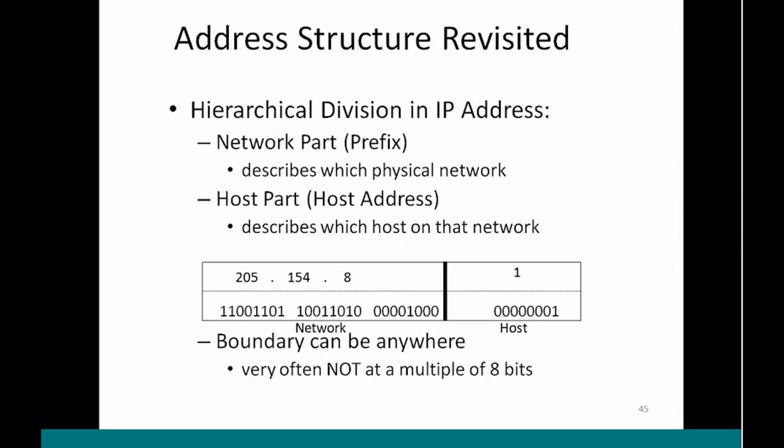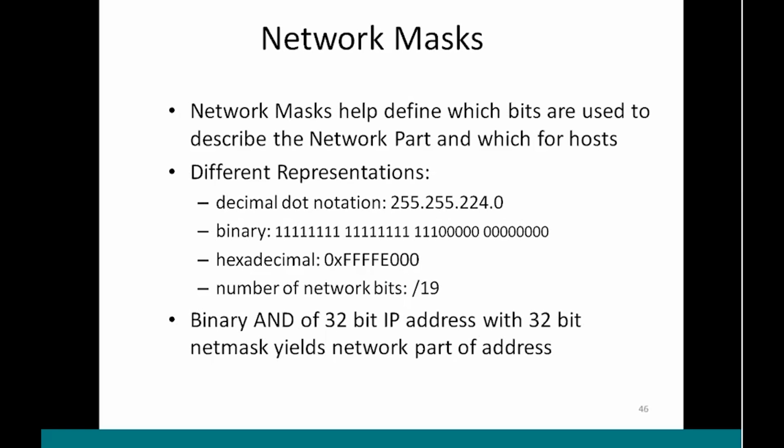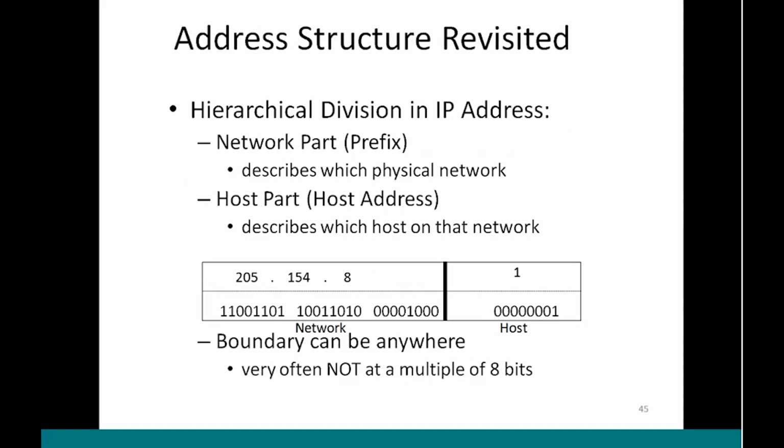It may not even be a multiple of 8 bits, because if you run out of the address space, we can allocate more to the host if there are more hosts on the network.